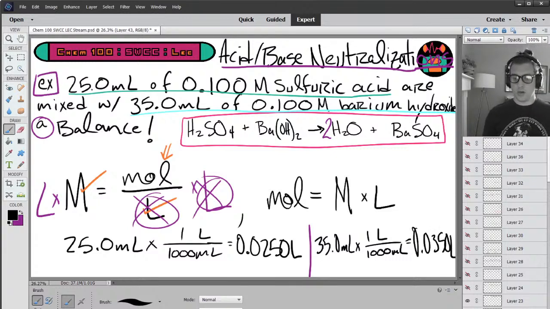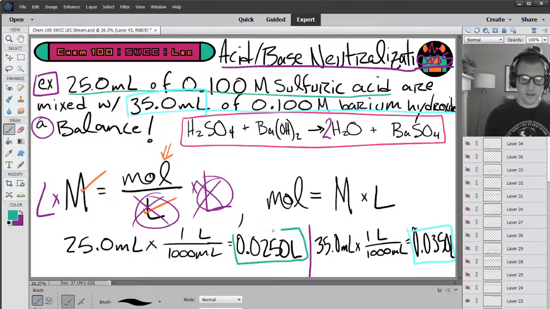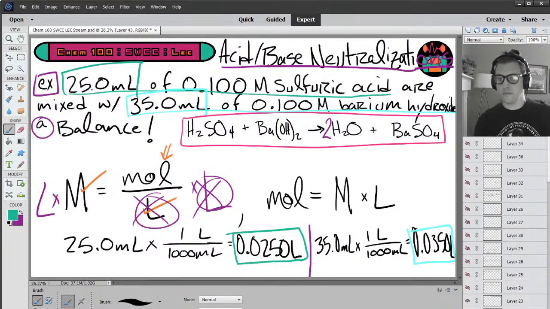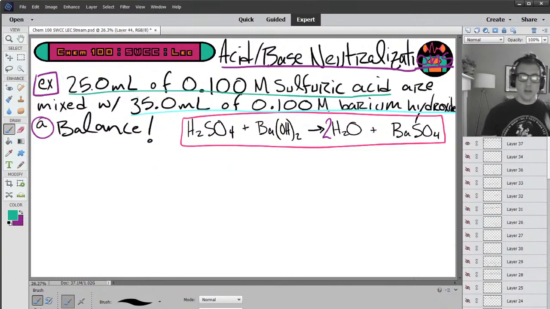So those are our two volumes converted to liters in one fell swoop. All right. With that out of the way, we can begin our calculation.